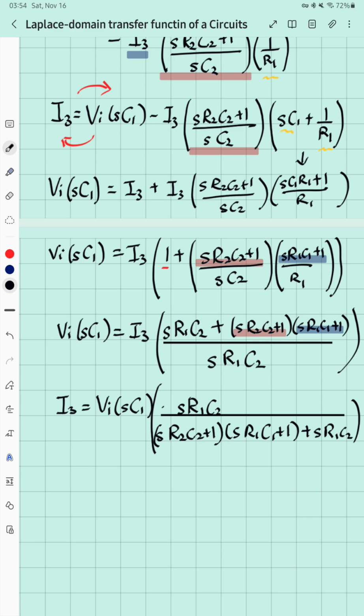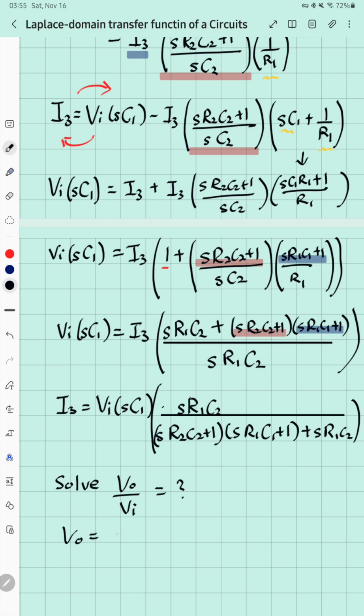So literally I3 is this. We were asked to solve V out over V in. And what was V out over V in? First you have to find out what V out was.